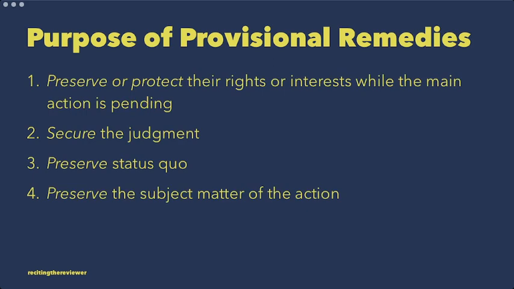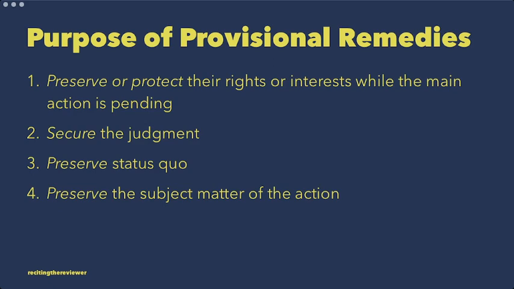Now, in some other reviewers and some other courses, they listed the following purposes of provisional remedies. Number one, as in Calo versus Roldan, this is to preserve or protect the rights and interests while the main action is pending.